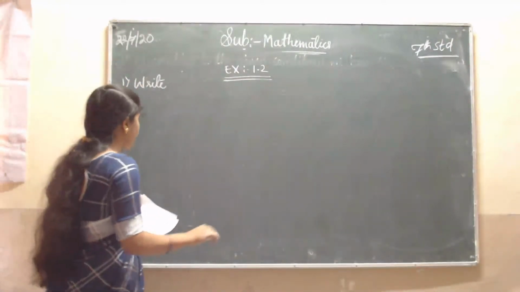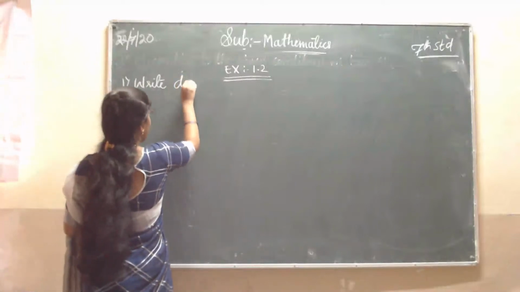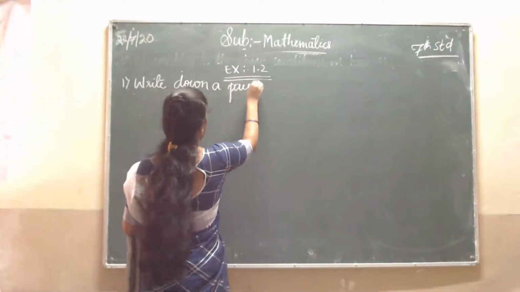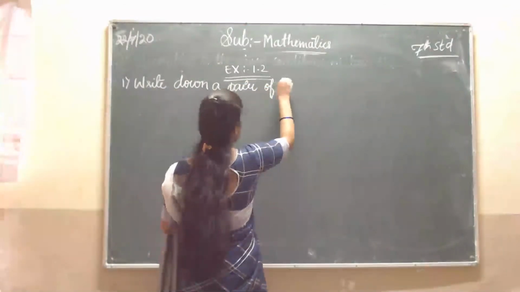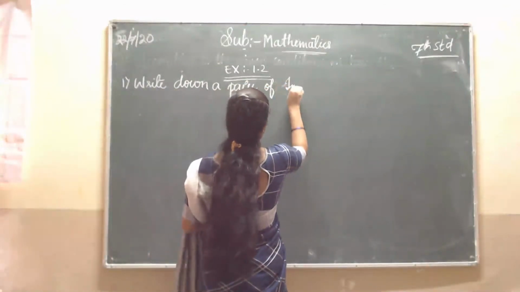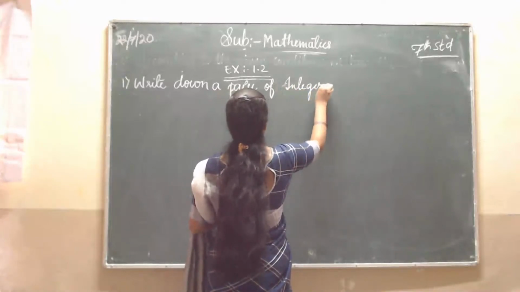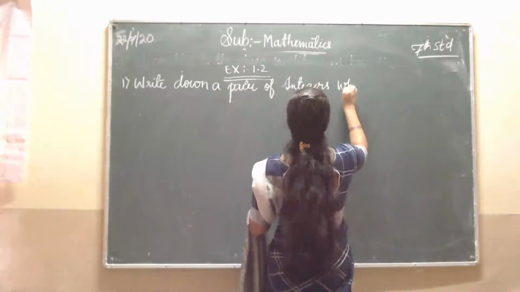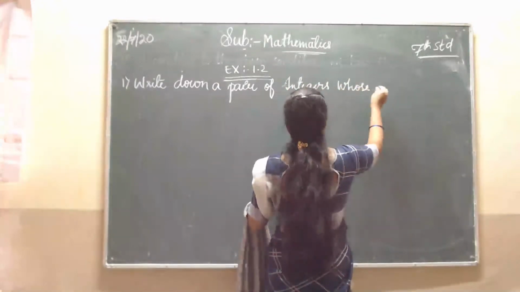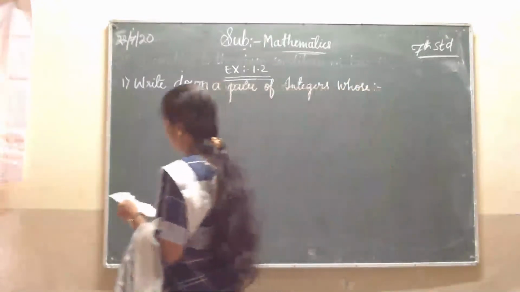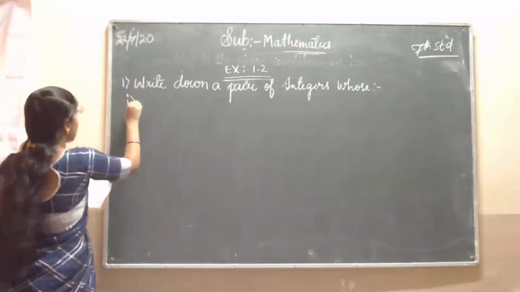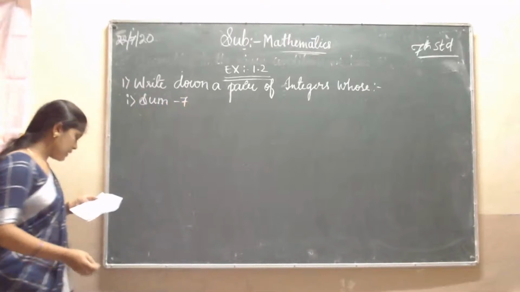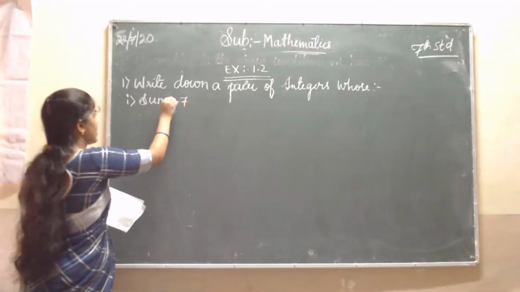write down a pair of integers whose sum is minus 7.